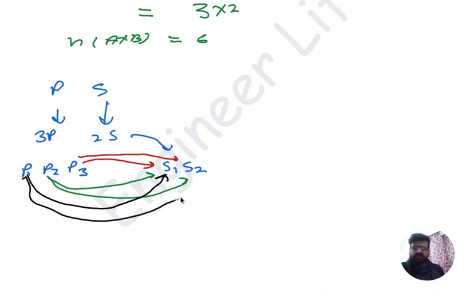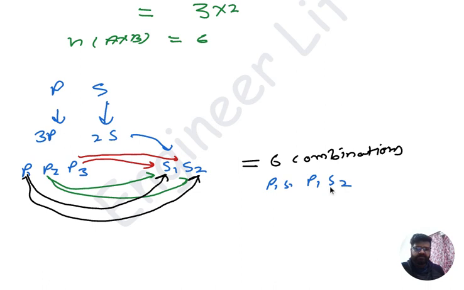So you can see that there are a total of 6 combinations, and those combinations are P1 S1, P1 S2, P2 S1, P2 S2, and the third is P3 S1 and P3 S2.